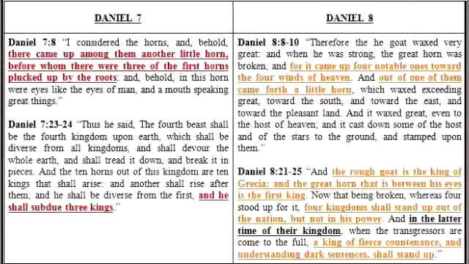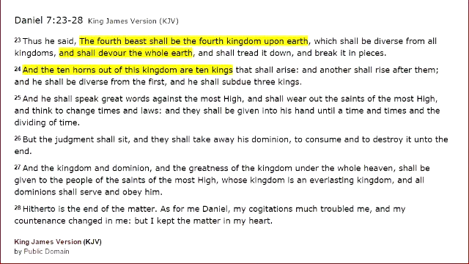Remember, Daniel 7 and 8 tells us that the little horn will subdue 3 kings. And this is important. Daniel 7 verses 23 through 24 says, "The fourth beast shall be the fourth kingdom upon the earth, which shall be diverse from all kingdoms, and shall tread it down and break it in pieces.